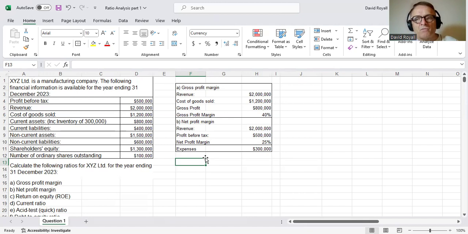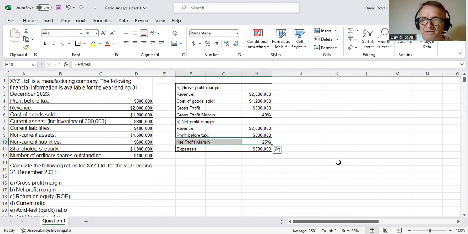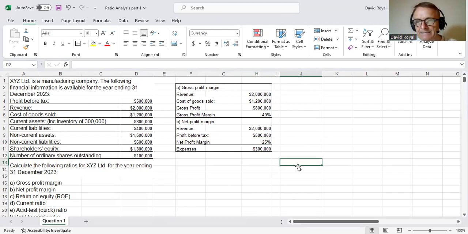You go and have a look at their websites and you can work this out for yourself, and you will find that their net profit margin is way under 10%, nothing close to that. And these are highly profitable companies, well established in their markets.